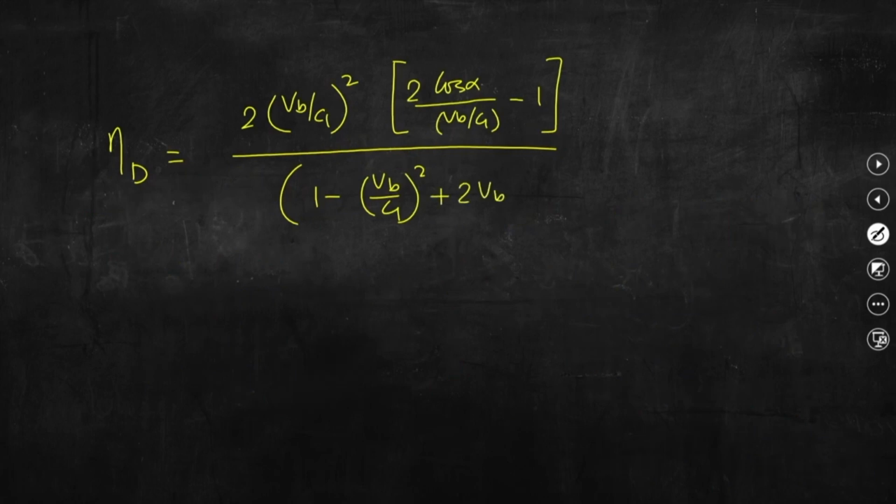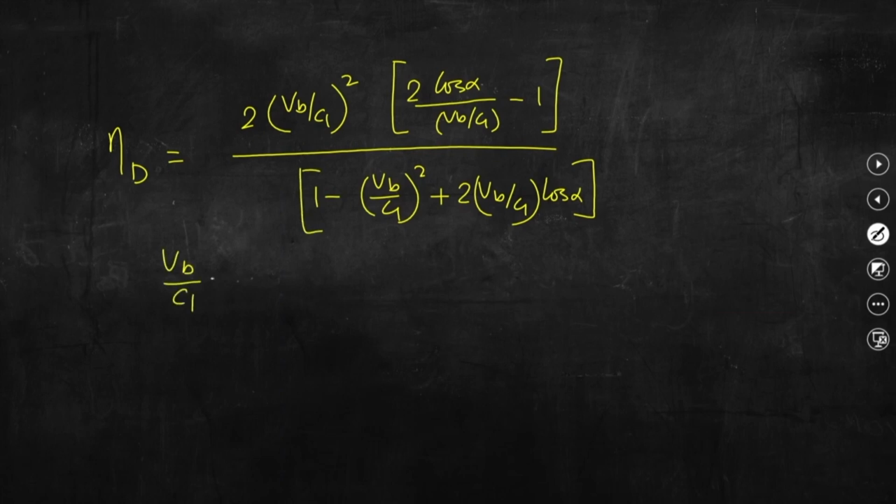So, we can see that the diagram efficiency or blading efficiency is a function of one ratio, that is the velocity ratio.